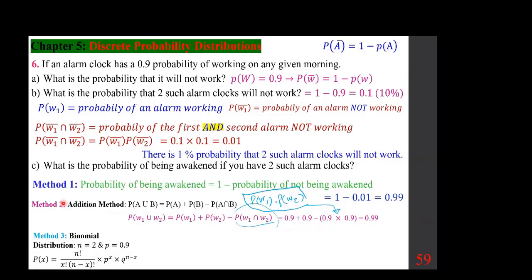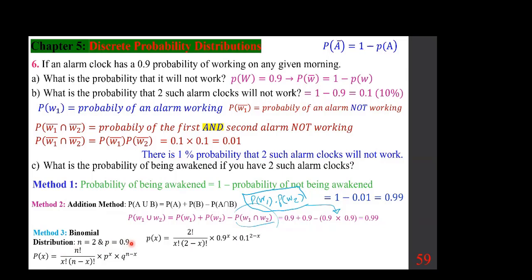The third method uses the binomial distribution. N is 2, because we have two alarm clocks. Probability of working is 0.9. So this is the general formula. And we can calculate the probability of X by replacing N with 2, P with 0.9, Q with 1 minus that, which is 0.1. And we want the probability of X larger than or equal to 1.